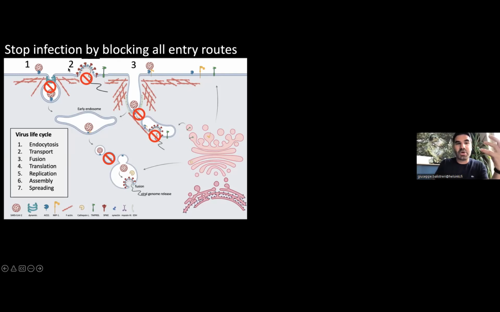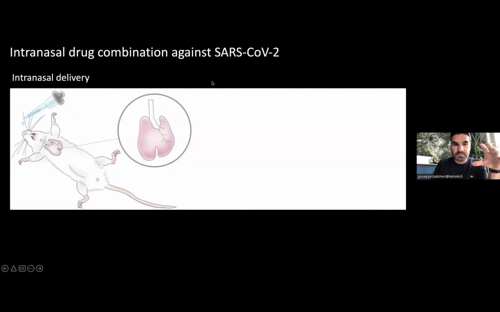So we try to block infection by blocking all the entry routes to the cells. And to see if it works, we can do an experiment in mice where we give a couple of drops of this medicine in the nose of the mouse, and then we infect the mouse and see if there's infection in the lung.